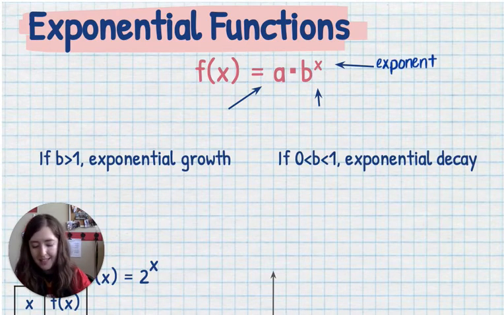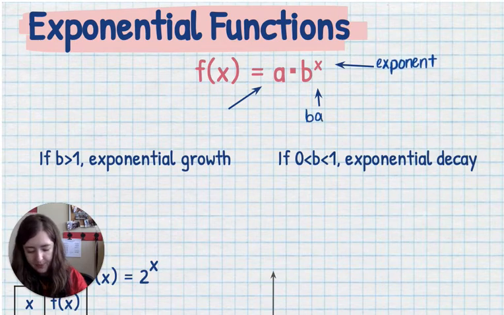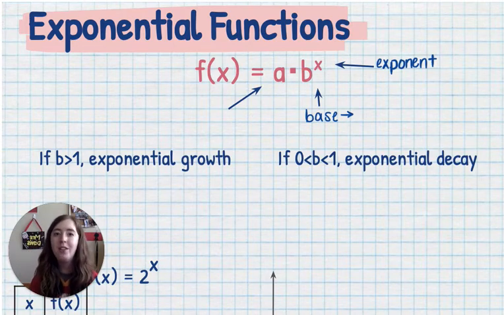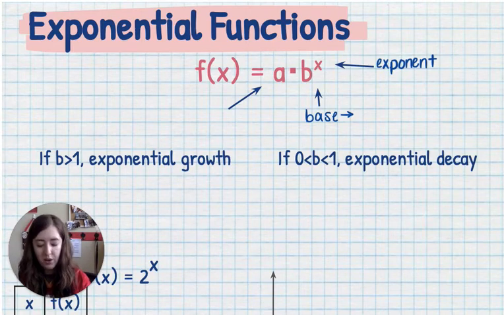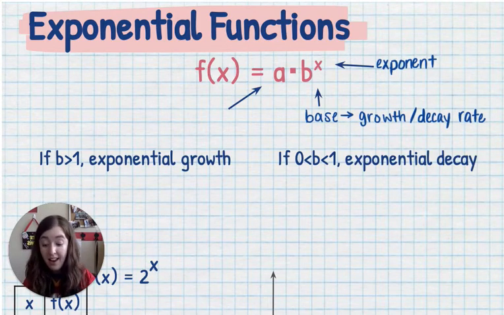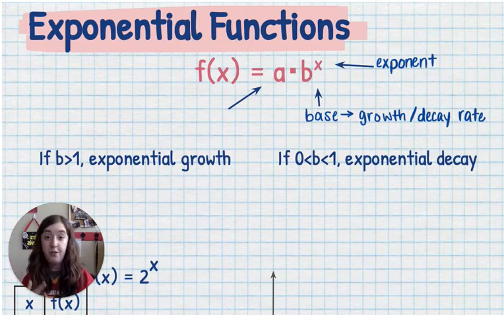Remember that b is your base. Now, just a second ago, I was talking about how exponential functions can model lots of real-world situations. So this number is also your growth or decay rate. Now, a is being multiplied out front, right?